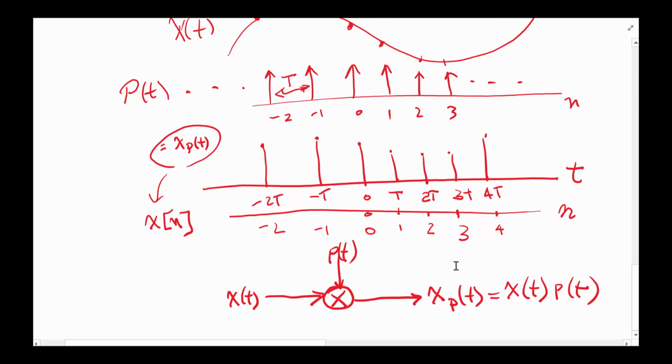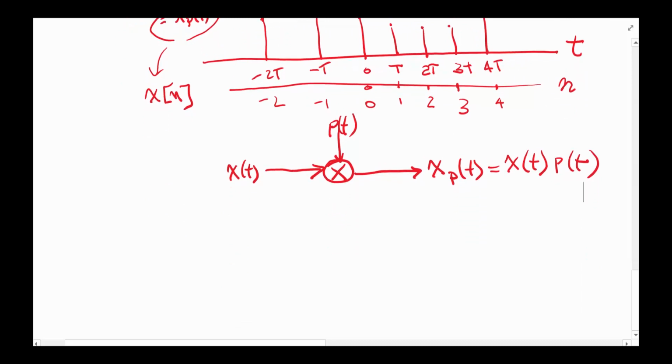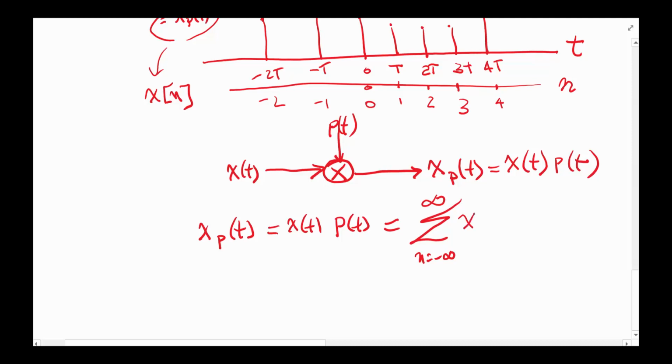So mathematically, how do you write that? This is going to be written as xp of t. Xp of t is equal to x of t times p of t, and then that is really a summation. Remember, p of t was a summation of n going from minus infinity to infinity of delta t minus nt, and this t is the sampling period, right?